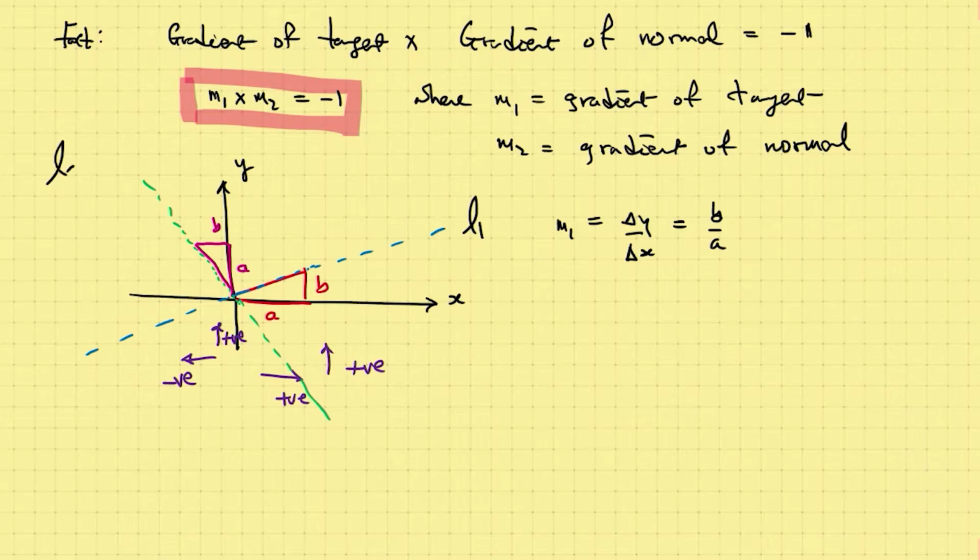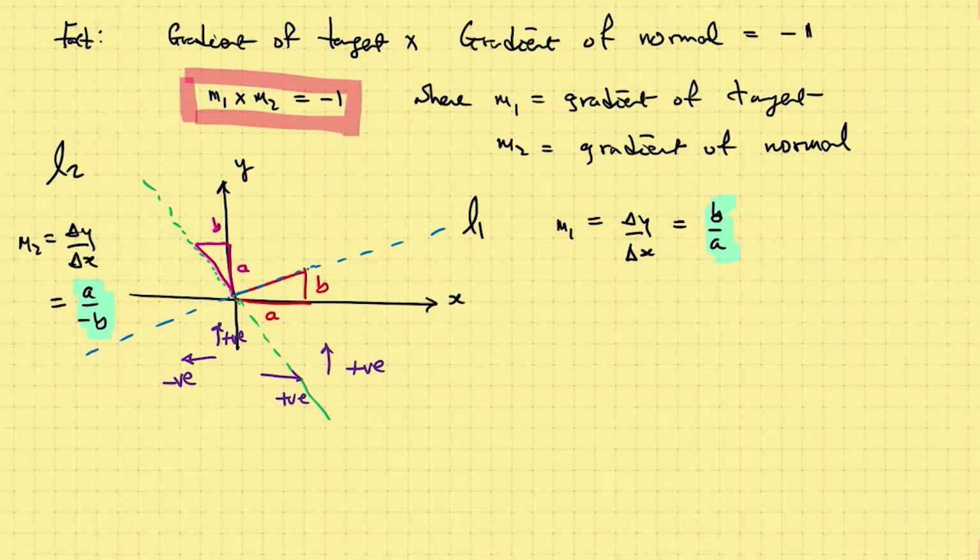For line L2, our gradient M2 is again going to be change in y over change in x, but our change in y is of course positive, that's just A, but our change in x is negative, which is minus B. So now we actually have a description for M1 and a description for M2.